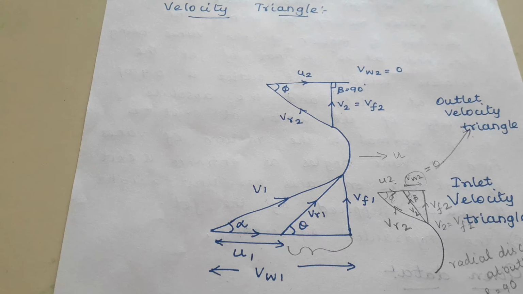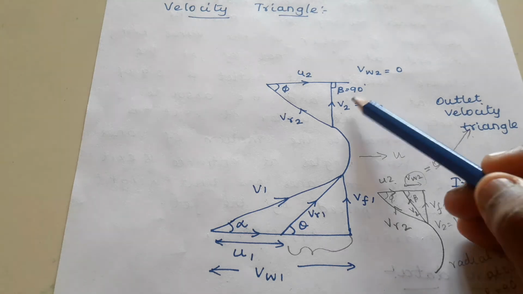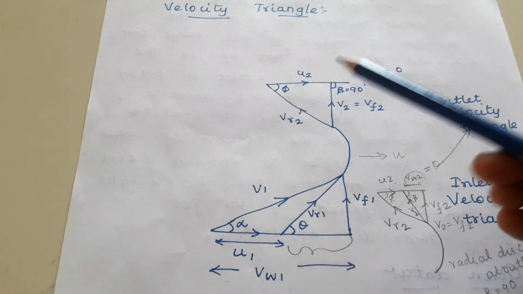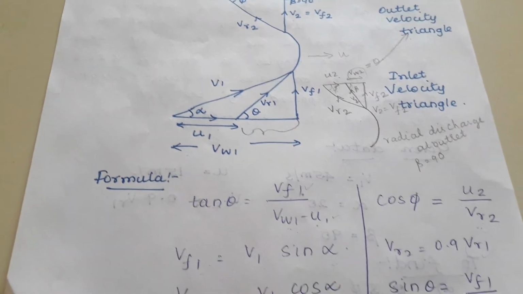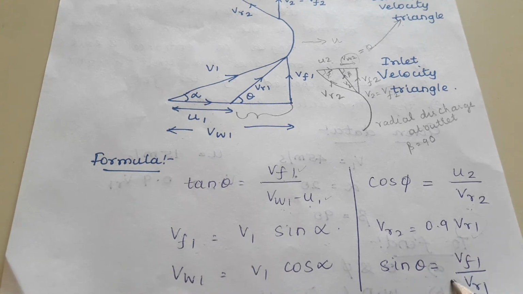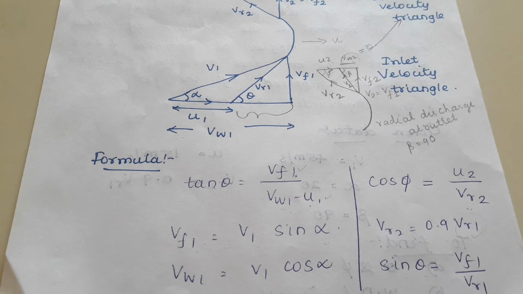Clear? Cos phi is equal to adjacent side divided by hypotenuse. So u2 divided by vr2. That's why we have written here. They have given the equation vr2 is equal to 0.9 vr1. So sin theta is equal to vf1 divided by vr1 for finding out vr1. Clear?